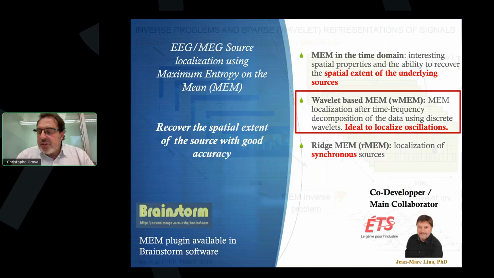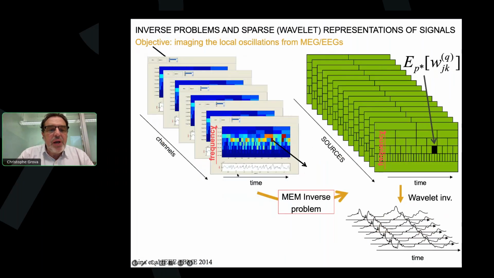So just a bit of a technical aspect. If you have a signal here, you can decompose this signal into the time frequency domain. So you can have time here versus frequency. Here, this is not a nice continuous space. These are little boxes because we are using a tool that is called discrete wavelet. And through those discrete wavelets, what we can actually do is really to decompose very nicely the signal with nice properties.